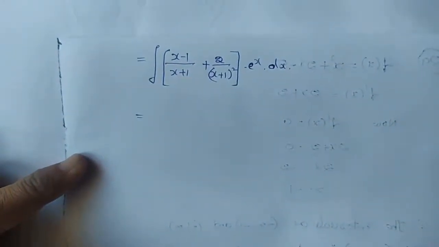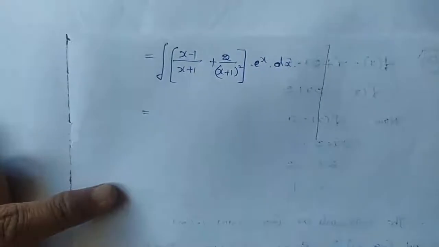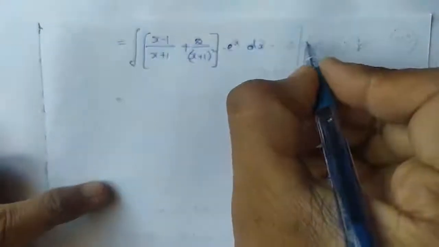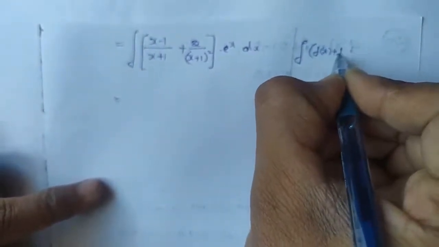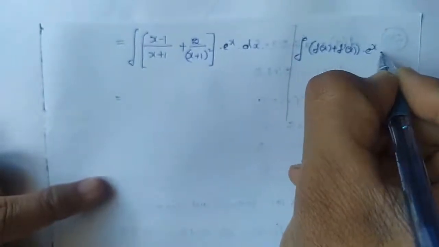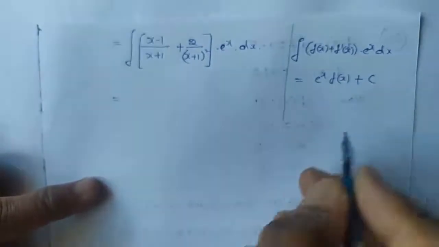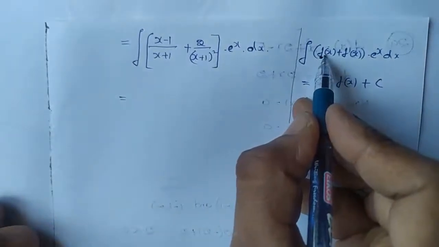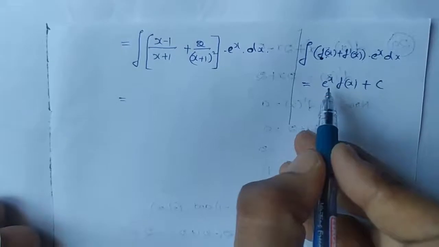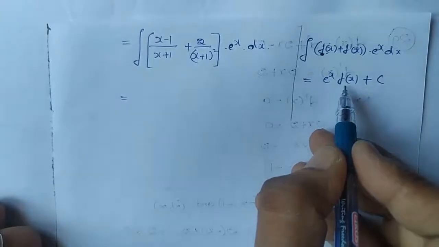Here we will apply a formula, which you have to remember. The integration of f of x plus f dash of x into e power x dx equals e power x into f of x plus c. If we differentiate this f of x and find f dash of x, then we can directly write it as e power x into f of x plus c.